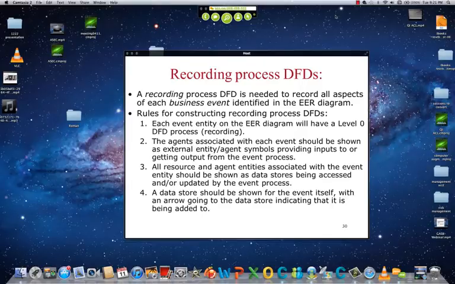Then for each agent associated with those events, you put them as external entities, those rectangles on DFDs. Once you have this, for each agent and resource you create a table, and you link those tables to your business processes.